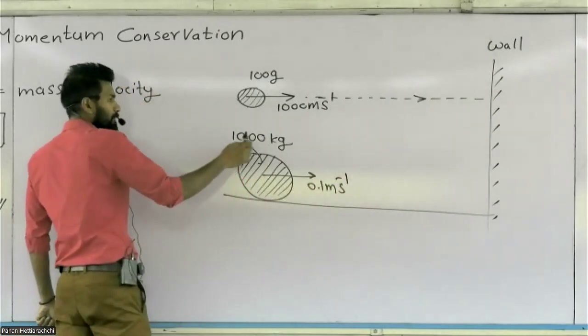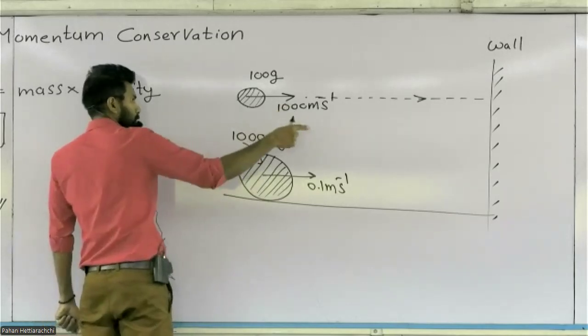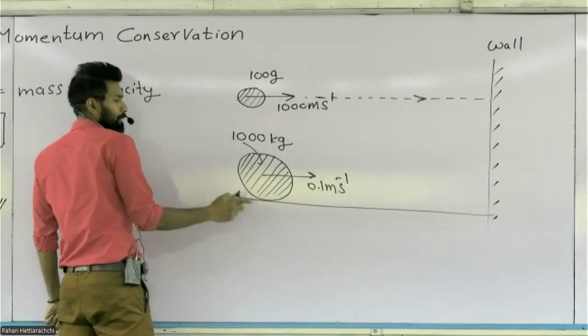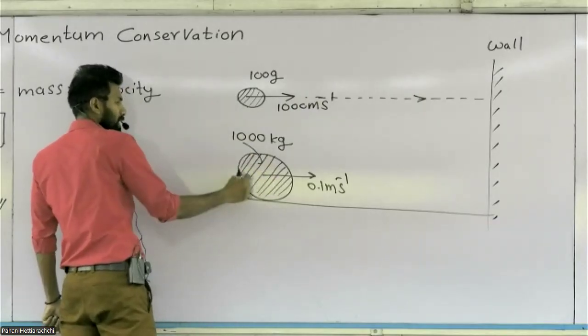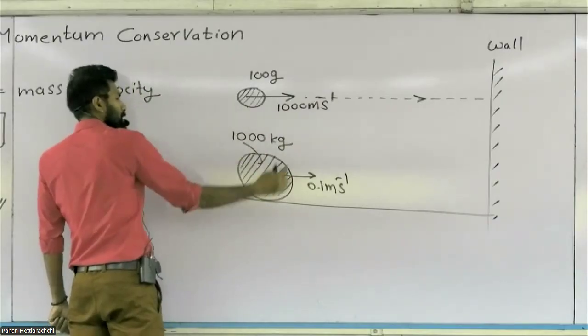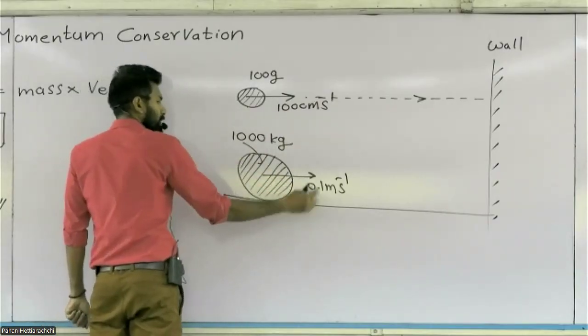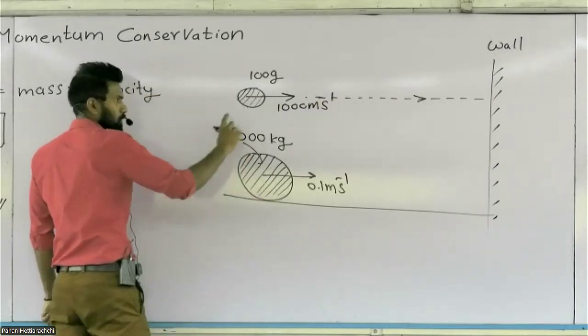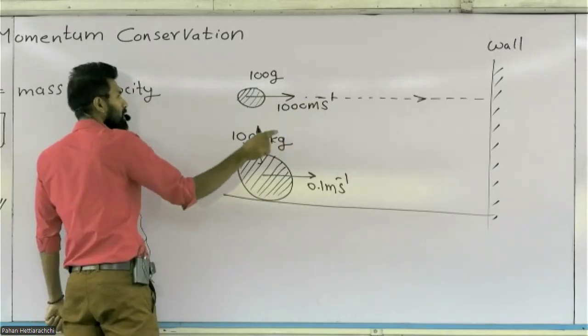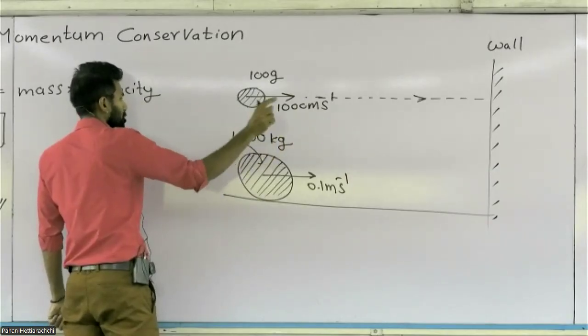You are throwing a very large stone towards the wall. As it is very large, you can't provide a high velocity like a bullet. Both of them are thrown towards the wall. Let's see what happens, and from this we'll try to understand physically what momentum is.